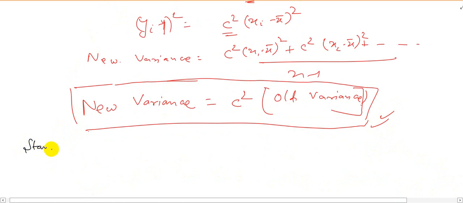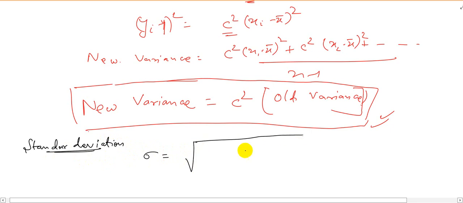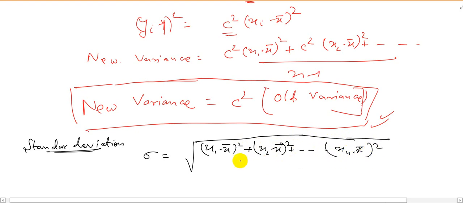Standard deviation, sigma, is equal to the square root of x1 minus x dash squared plus x2 minus x dash squared, and so on up to xn minus x dash squared, upon n minus 1.